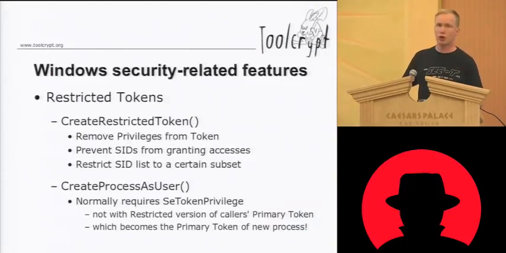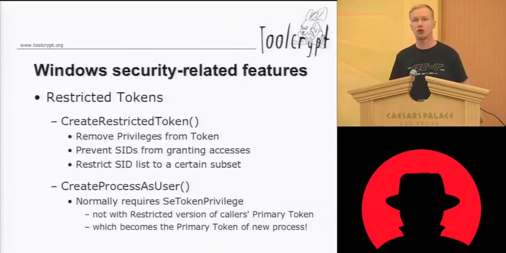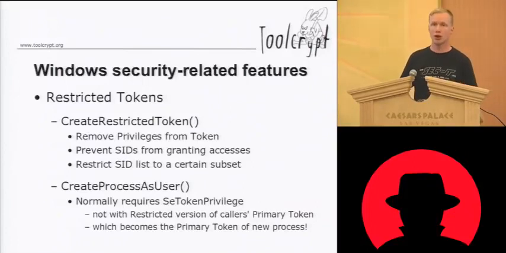That's actually controlled by a system privilege. So if you don't have the SeAssignPrimaryTokenPrivilege, you can't assign a new primary token to a new process or to any process. But CreateProcessAsUser called with a restricted token will actually allow you to start a new process with an arbitrary token, as long as it's a restricted token created from the primary token of the calling process.